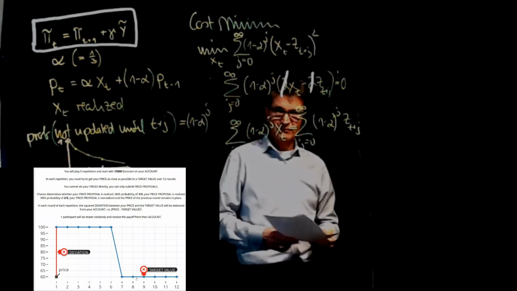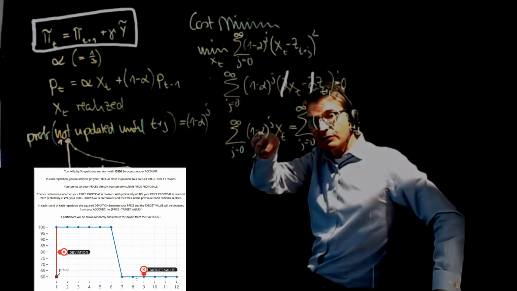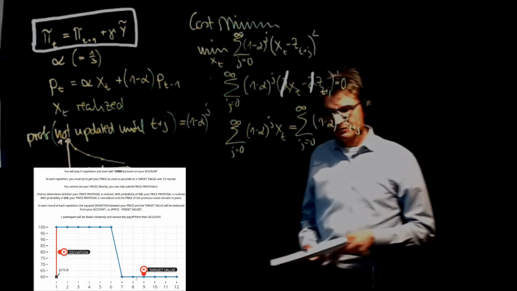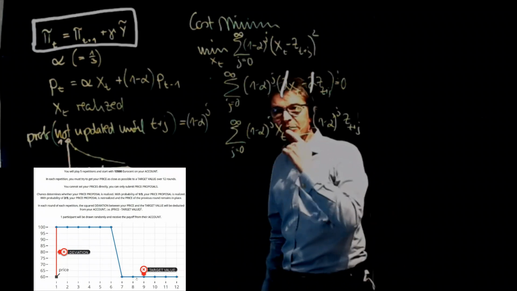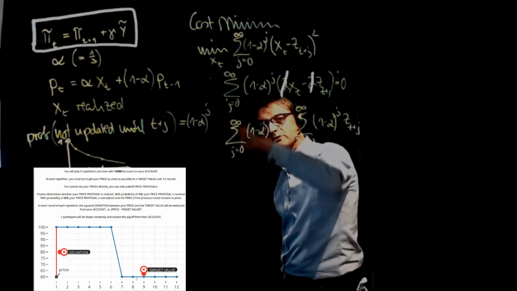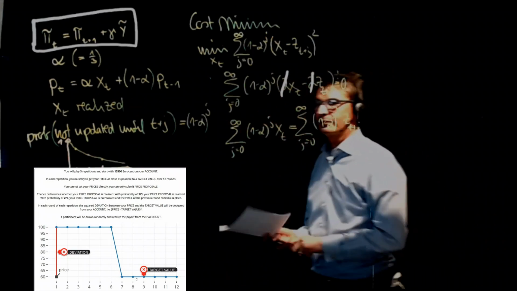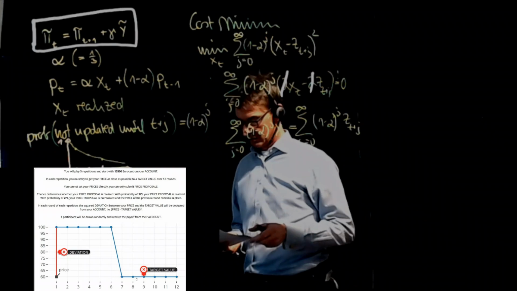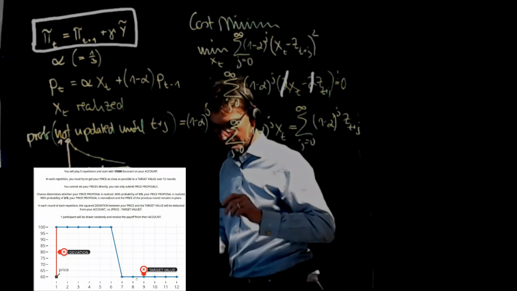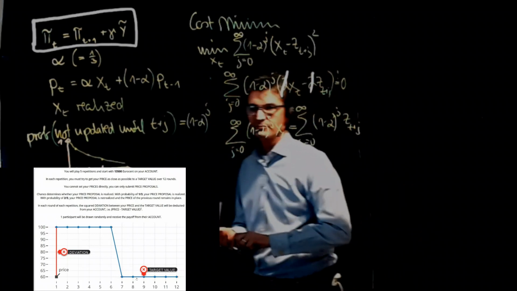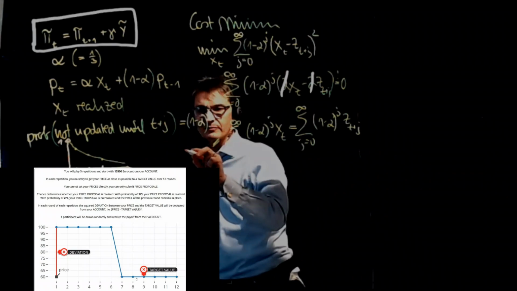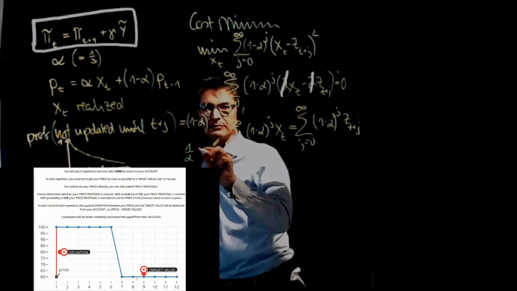Okay, now x_t is a constant. And since it is a constant, we can derive a very simple formula. We can apply that (1 minus alpha) to the power of j, running from 0 to infinity, is just 1 over alpha. So this is 1 over alpha times x_t.